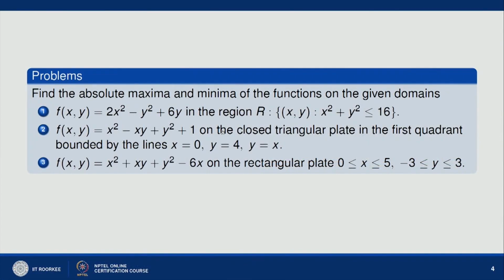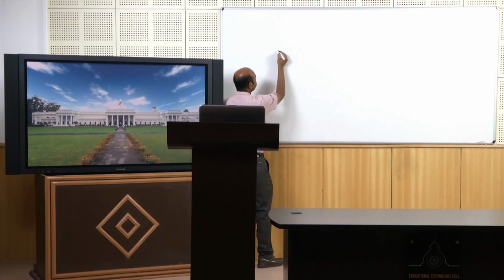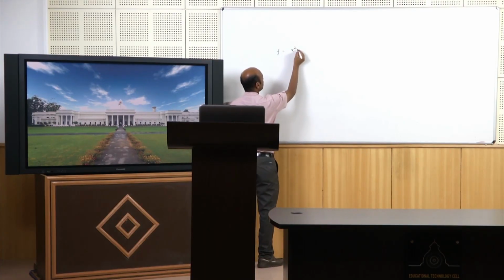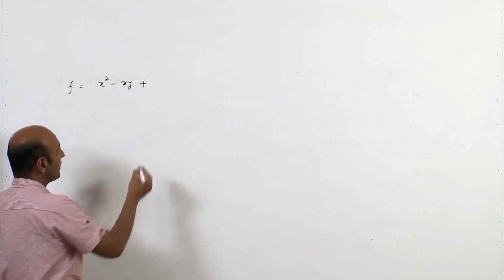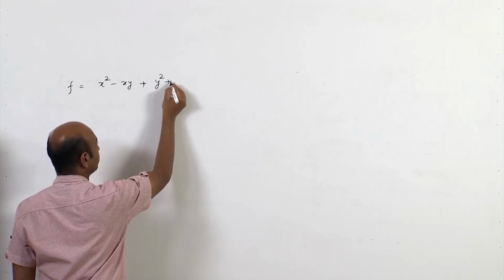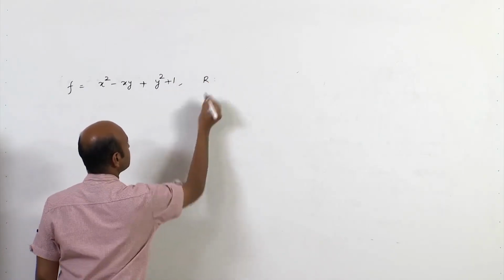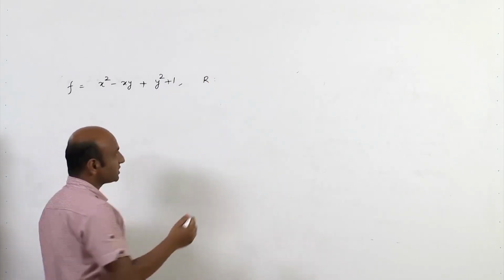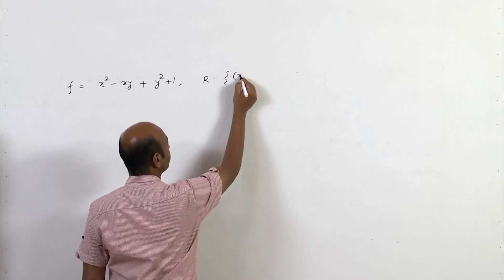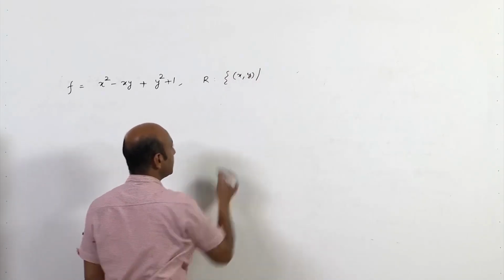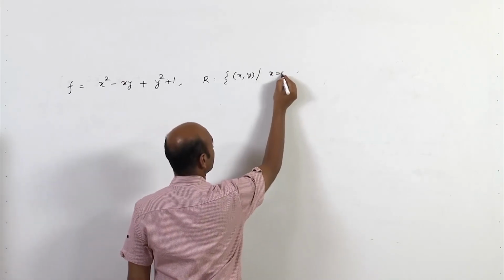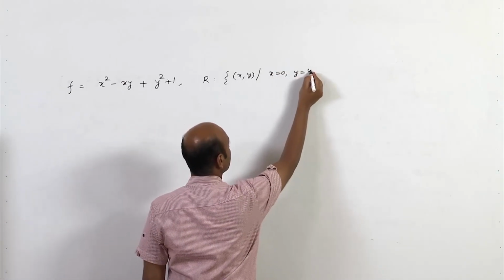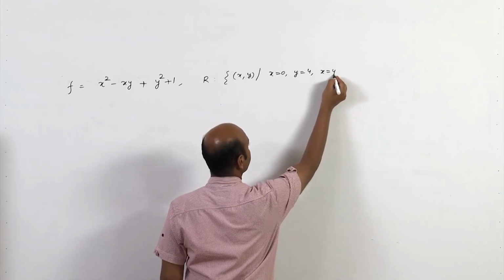The second problem is, here f is x square minus xy plus y square plus 1, and region R is all those xy such that x equal to 0, y is equal to 4 and x equals to y.